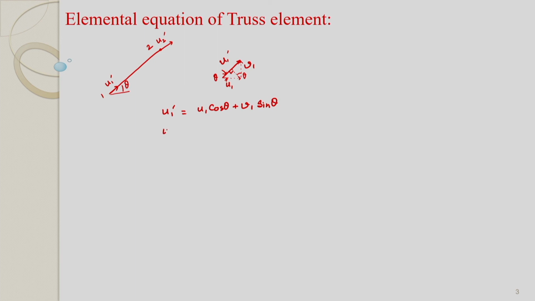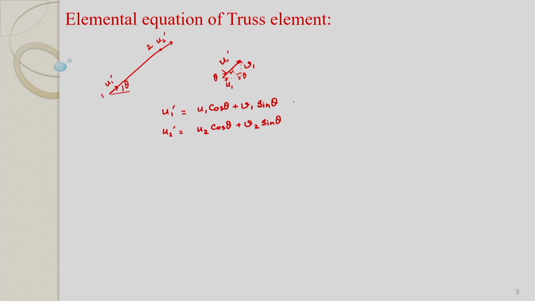Similarly, u2 prime is u2 cos theta plus v2 sin theta.